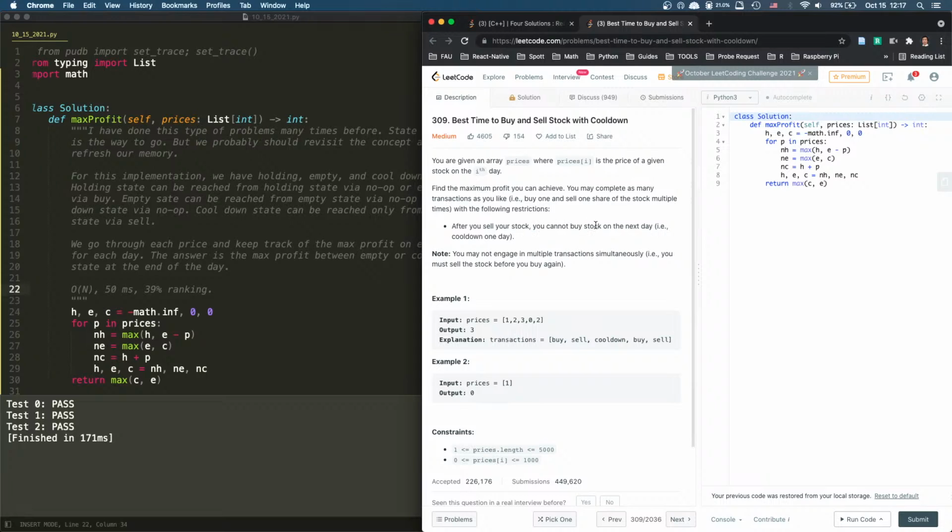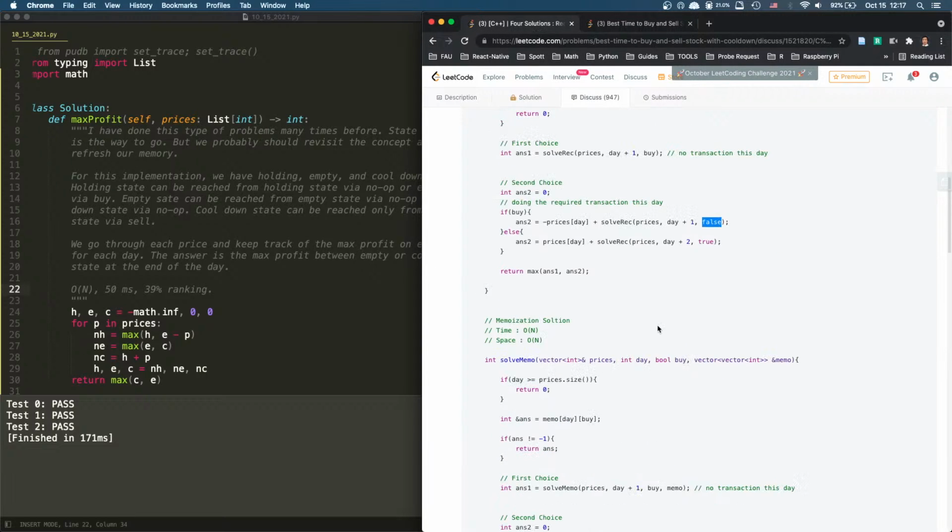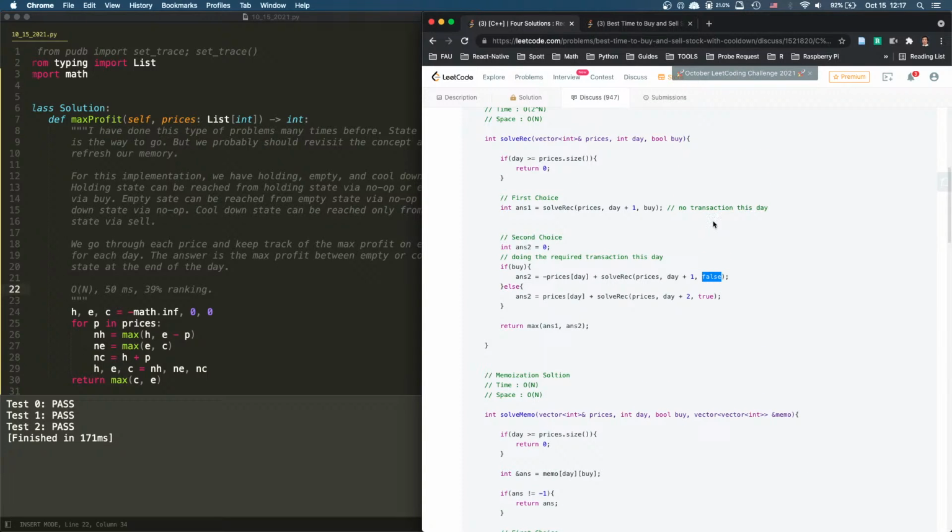You sell, you cannot buy on the next day. There's a cooldown. Is that supposed to be a cooldown? I feel like it's reversed.